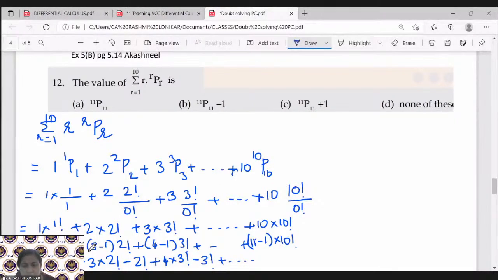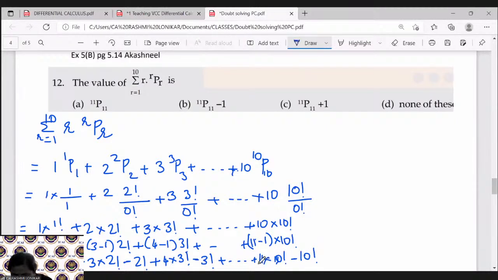So what do I do here? What am I getting here? This is 2 minus 1 into 1 factorial. This is 3 into 2 factorial minus 2 factorial and so on. And this will become plus 11 into 10 factorial minus 10 factorial, right?